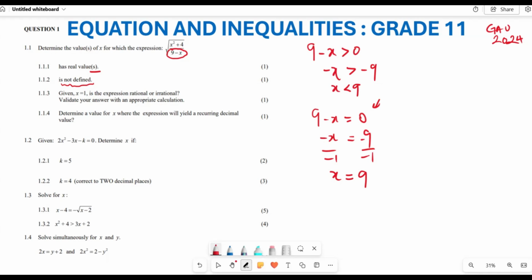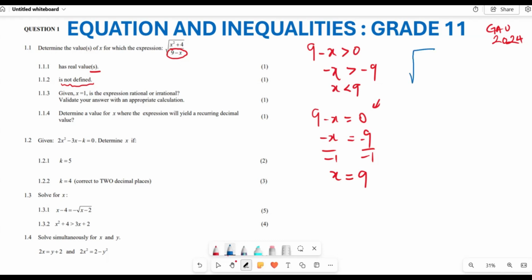Now, if you are looking at 1.1.3, they say given that x is equal to 1, is the expression going to be rational or irrational? They say, validate your answer with appropriate calculations, right? So what are you going to do from here? You write this particular square root.